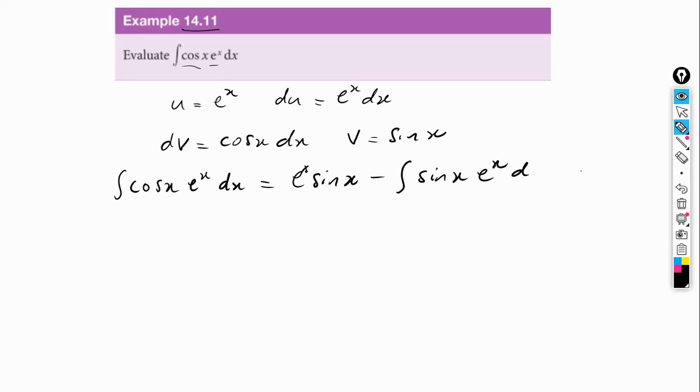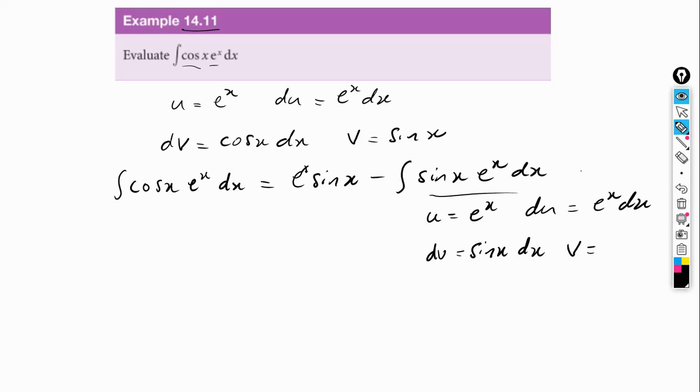So notice that now we have to integrate this by parts again because there's no direct integration. So again, let's make u e to the x. Derivative of u is simply e to the x dx. And then derivative of v is going to be sine of x dx. Therefore, v would be minus cosine of x. Can't forget that minus.